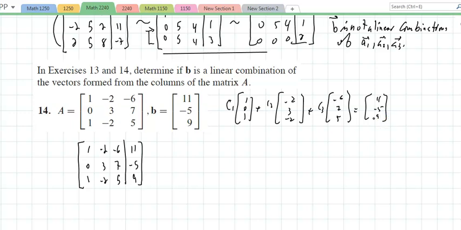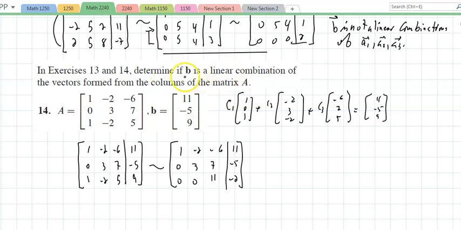Well, what if I told you that if I am to really work this out, this will reduce to 1, negative 2, negative 6, and an 11. This will be 0, 3, 7, negative 5, and I'll get 0, 0, and a negative 2. They're not asking find.